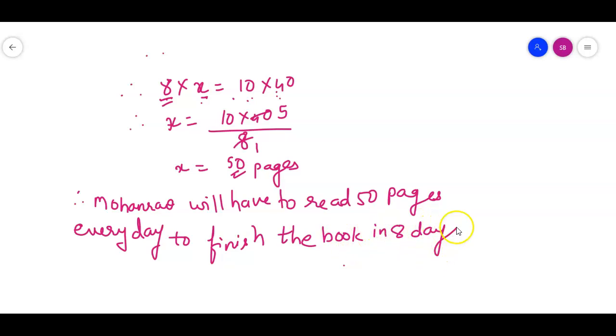So, this is the answer for the second question. Now let us move ahead to the next question.